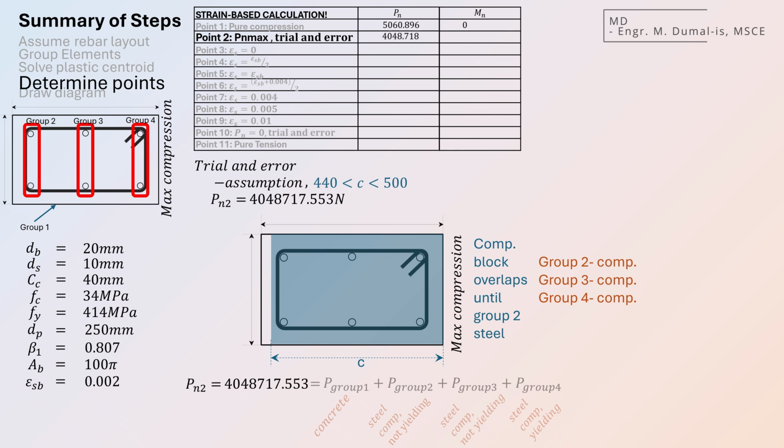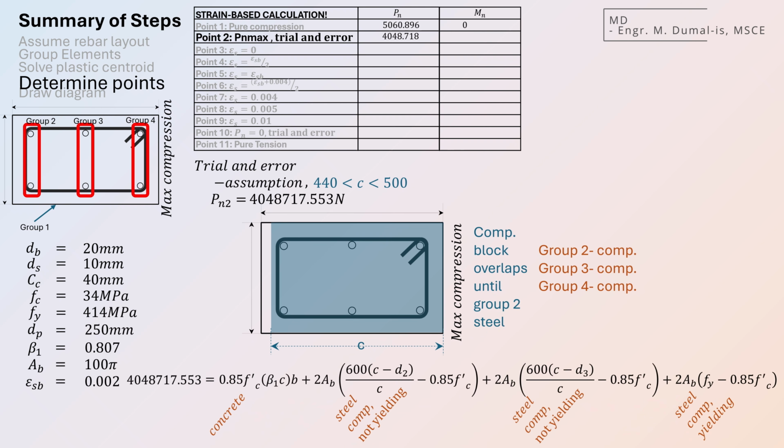With all steel groups classified, we now assemble the complete expression for Pn. We include group 1, the concrete, always in compression, so its force is 0.85 fc' times a times b, and group 2, the steel on the left, in compression but not yielding, so we use the non-yielding fs formula.